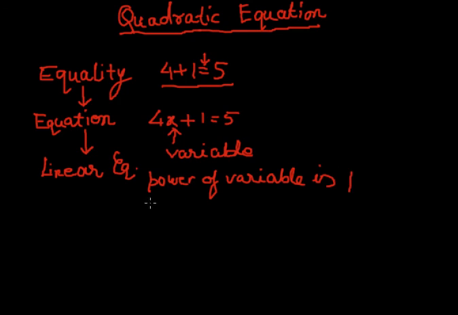For an example, the same example we took for the equation is applicable for linear equation as well. Why is it a linear equation? Because the highest power of variable, here variable is x and the power of variable is 1, so it is a linear equation.